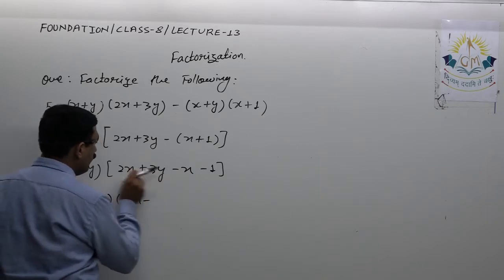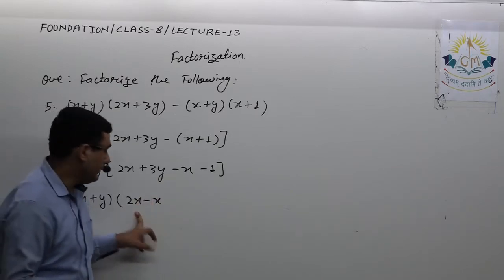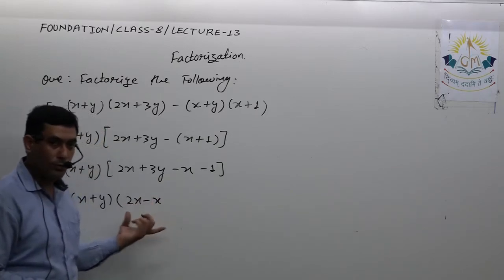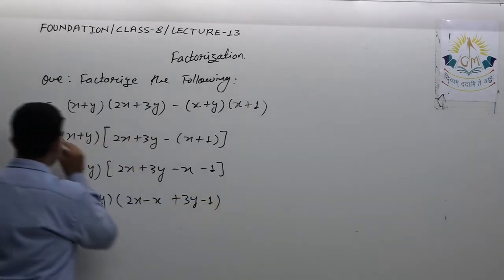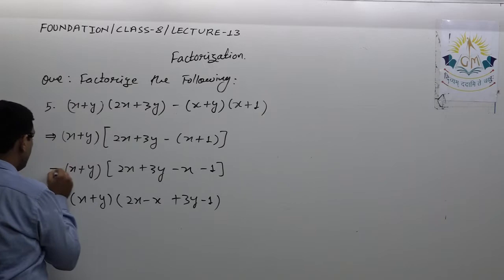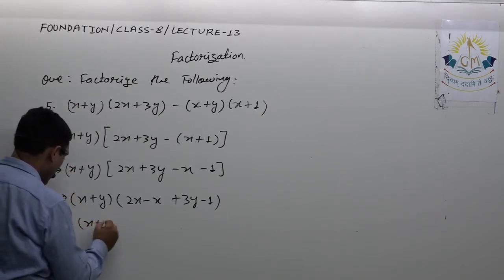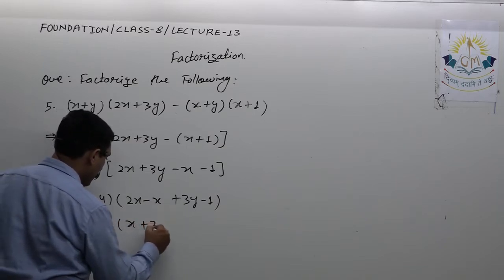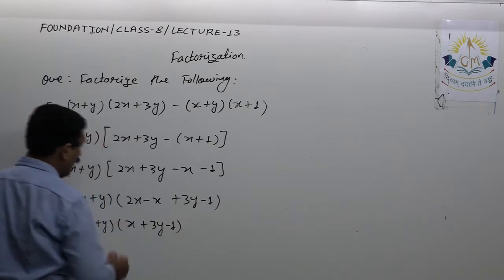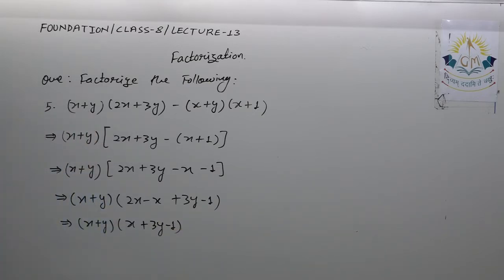Although I can directly do 2x minus x equal to x, for your better understanding I am writing the like terms all together. Then 3y minus 1. So it will be x plus y, 2x minus x is x, and 3y minus 1 remains as it is. So this is my final answer. Please note it down, then we'll see the next question.